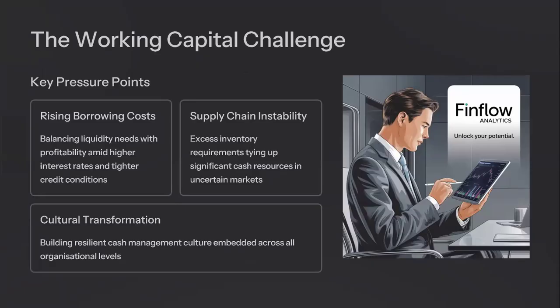So just to brush up again, the most important challenges of working capital are proper supply chain, cultural transformation, and most important, managing borrowing costs and liquidity.